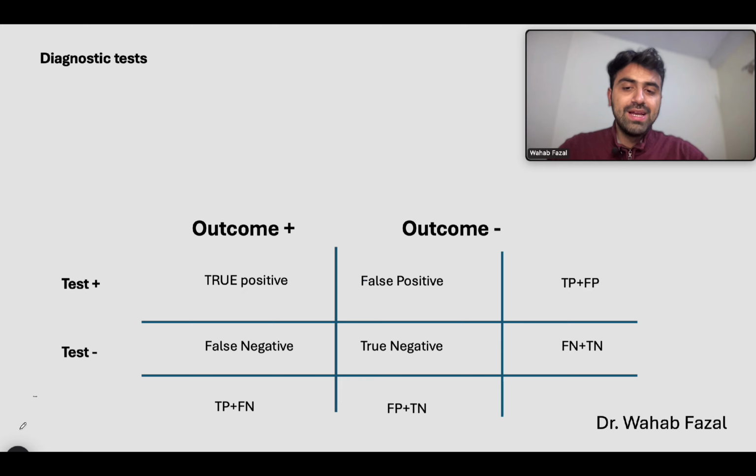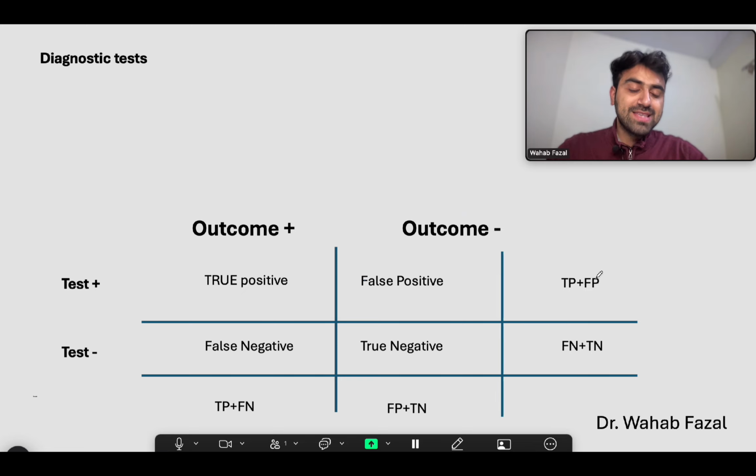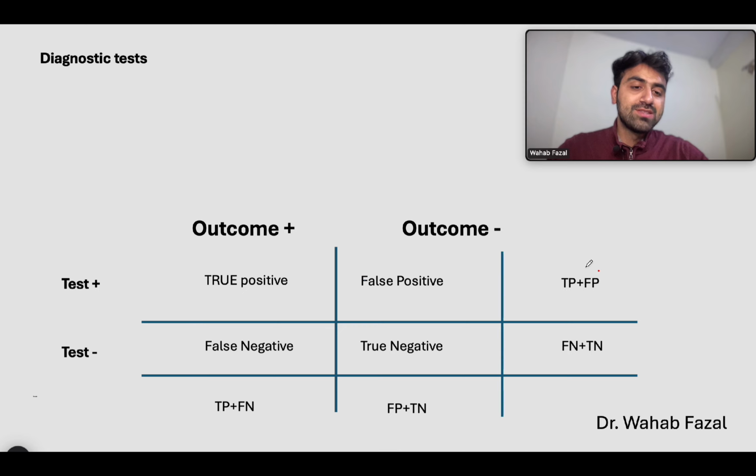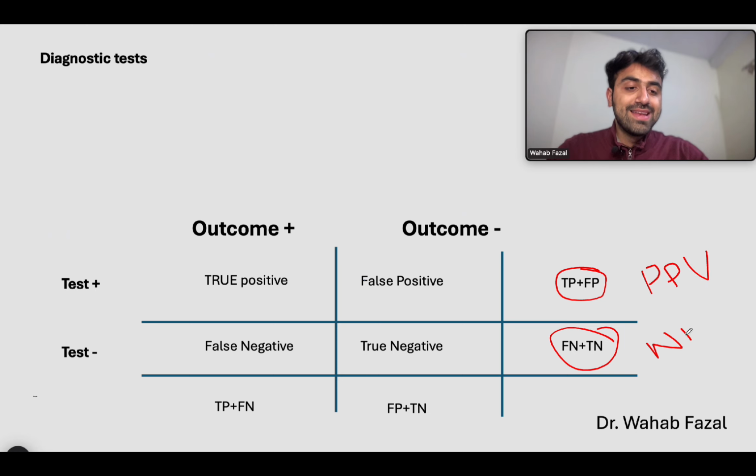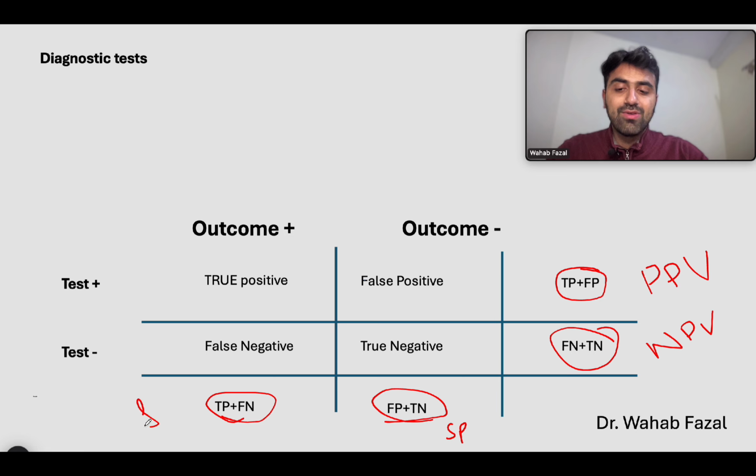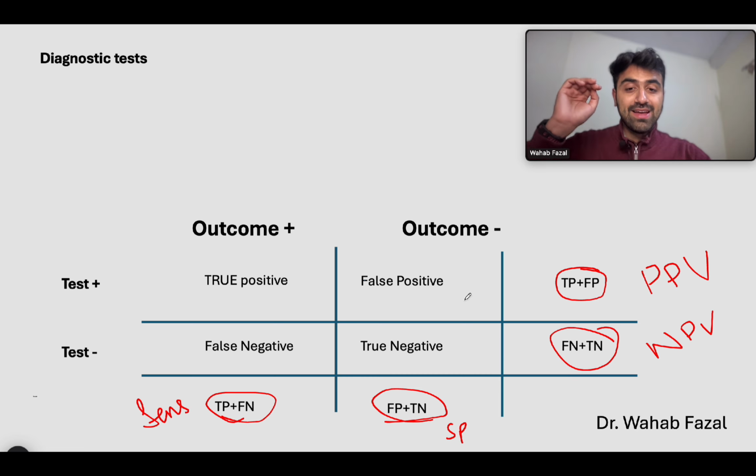TP plus FP is great for letting you calculate the positive predictive value. This value is great for calculating the negative predictive value. This value is great for calculating specificity, and this value is great for calculating the sensitivity. That's why I talk about the 3 cross 3 table whenever you have a diagnostic test calculation.